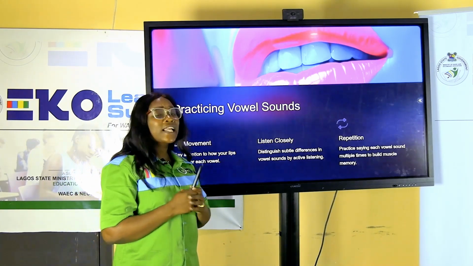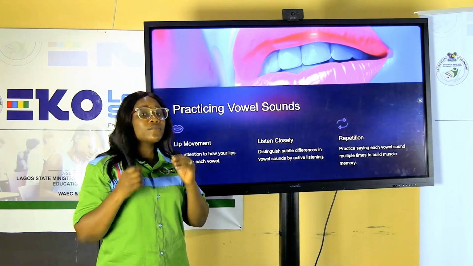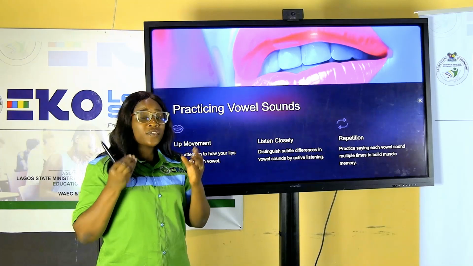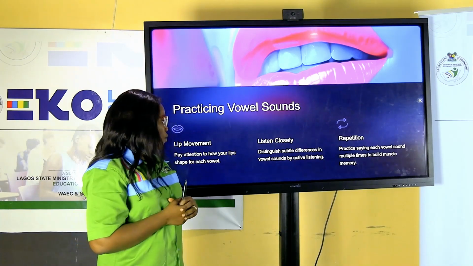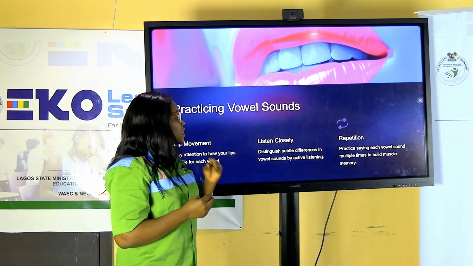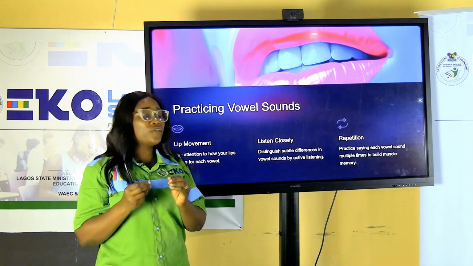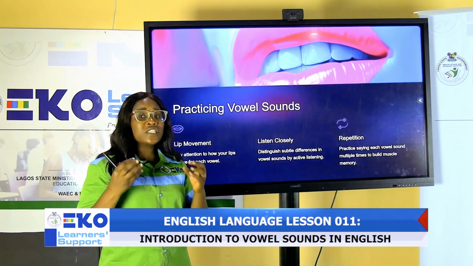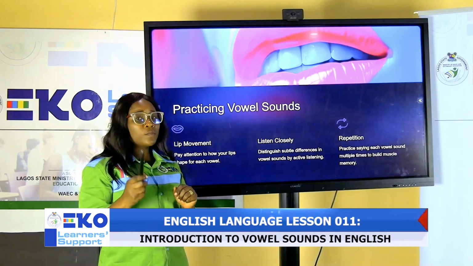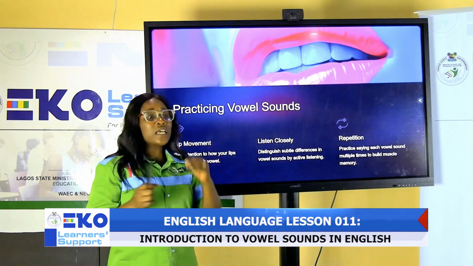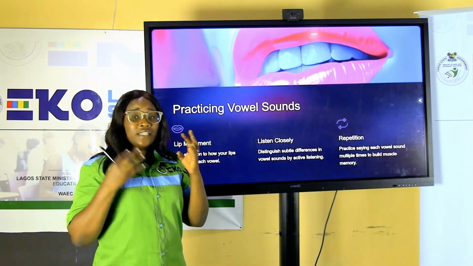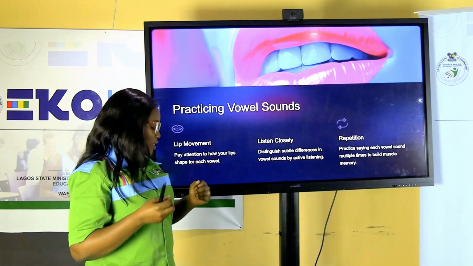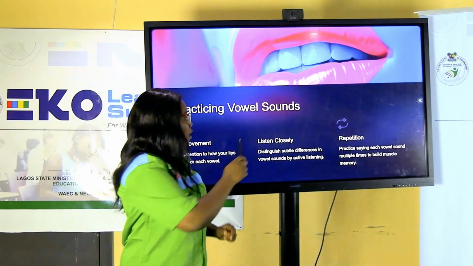Also, listen closely with rapt attention, with utmost focus, and be able to distinguish the subtle differences in these vowel sounds. If you don't listen actively, it will be difficult to differentiate the tiny nuances amongst these sounds.